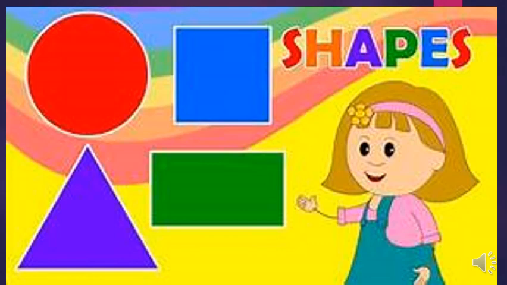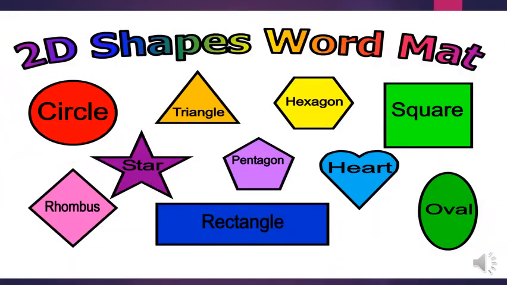Let's first go through 2D shapes. Okay, 2D shapes. Here I have given names with the shapes. Look here, which one is the first one? Circle, triangle. A triangle has 3 sides. A circle has no sides. Hexagon: hexa means 6. Because it has 6 sides, it's called a hexagon.